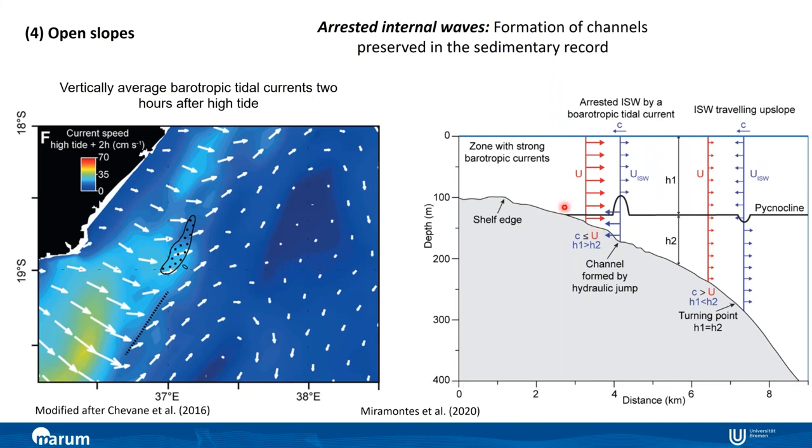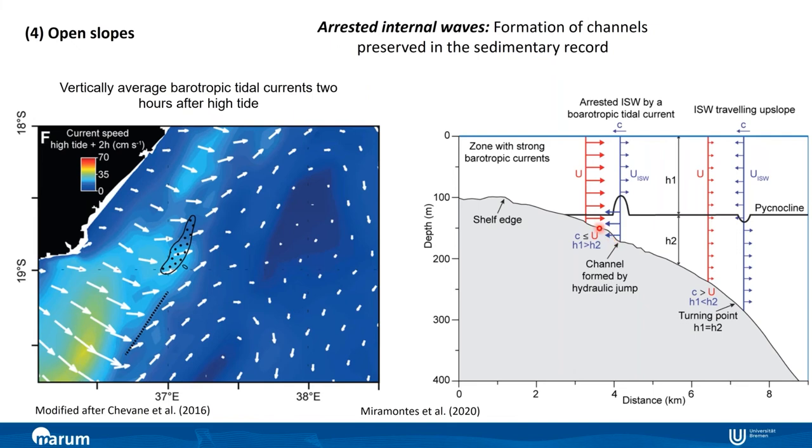So it might happen that these barotropic currents are stopping the internal waves at this location, and this also creates a hydraulic jump, and it makes more shear stress concentrated in a location for a relatively longer period of time that could generate this localized erosion.